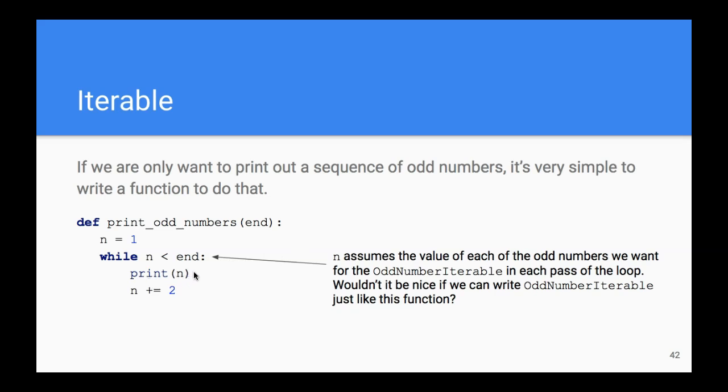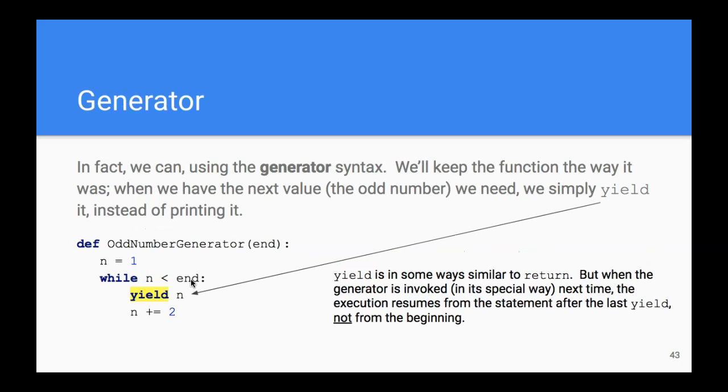So instead of printing n every time, which is the odd number that we want, we somehow can return this n every time in a for loop as this function is being iterated over. As it turned out, yes, there is a way to do that, and it's called a generator.